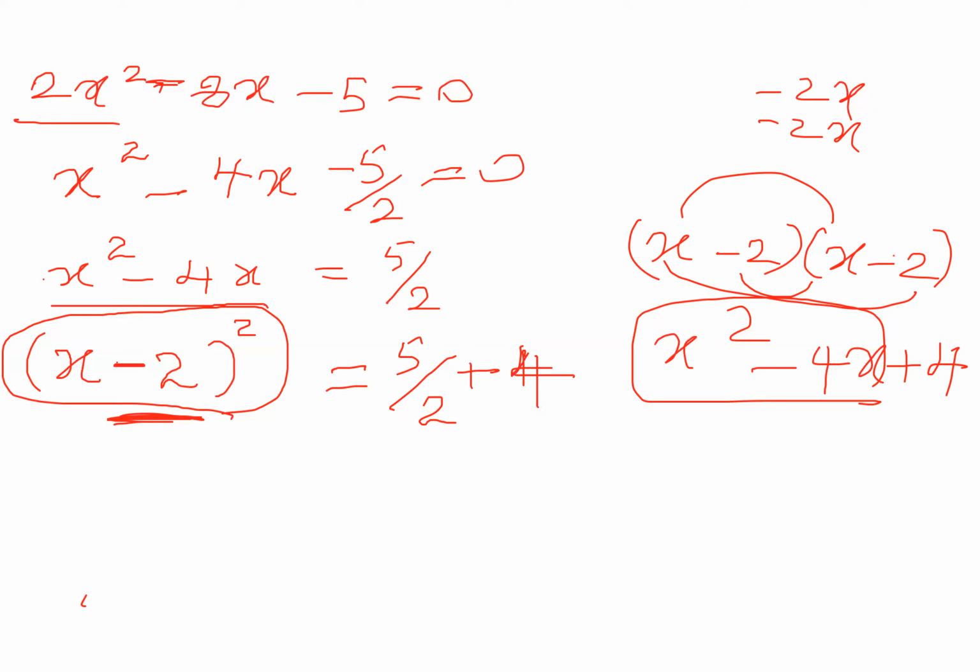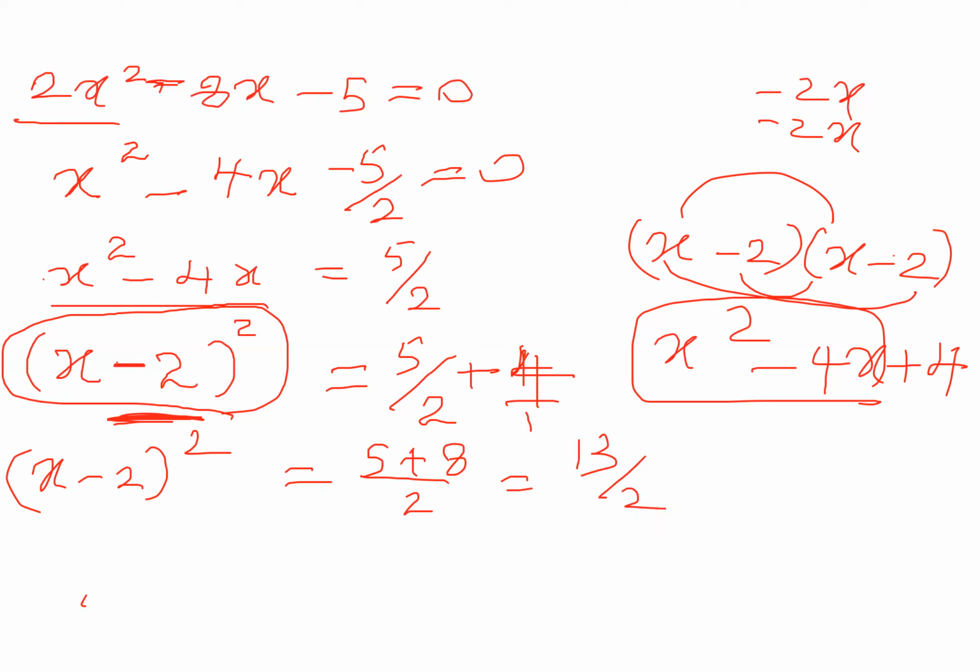So we can write x minus 2 squared, and we can simplify this side. When we simplify, you can see 2 times 1, then 5 plus 1 times 2, 2, then 8. Finally 13 divided by 2. Okay, so then you can simplify further. How?